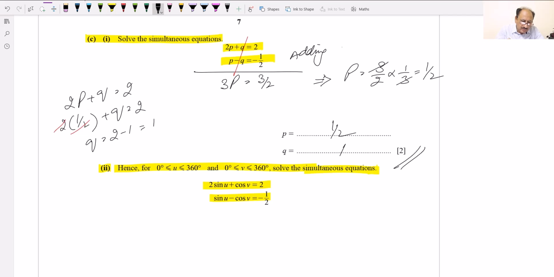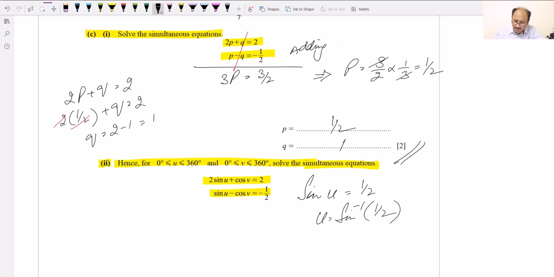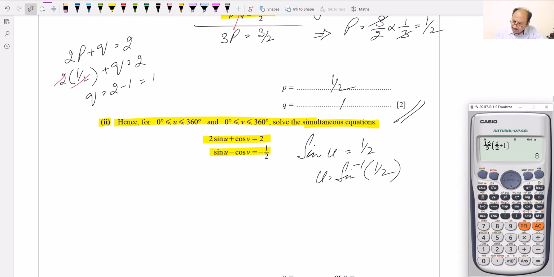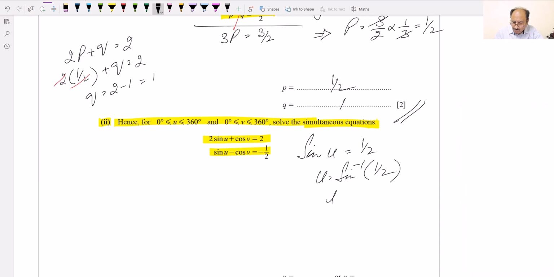So we can write sine u is equal to p, which is 1 by 2. So u will be equal to sine inverse of 1 by 2, and sine inverse of 1 by 2 is what? Shift sine of 1 over 2 will be equal to 30 degree. So u is equal to 30 degree.